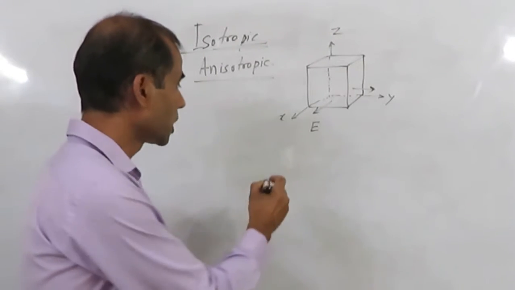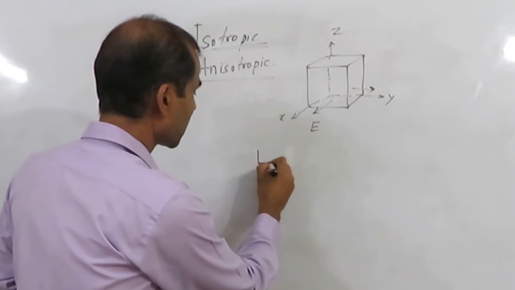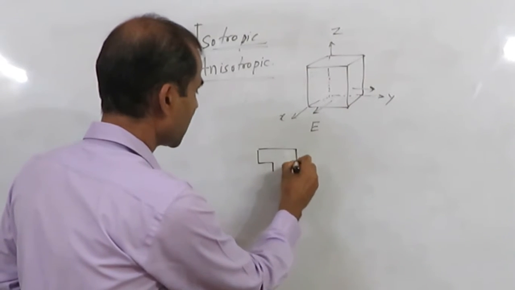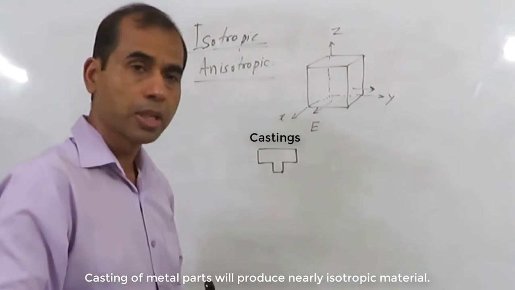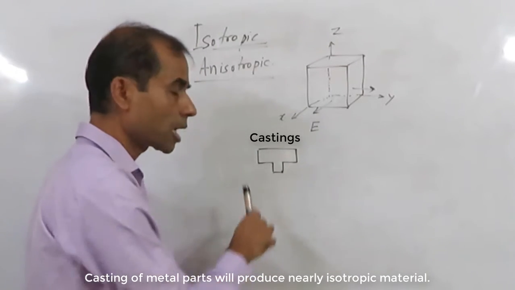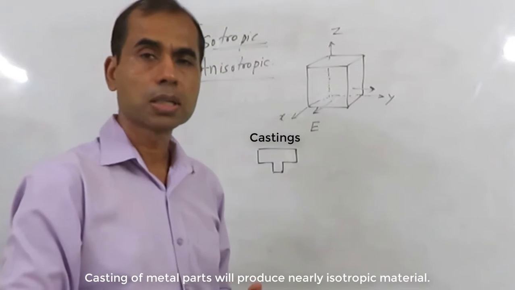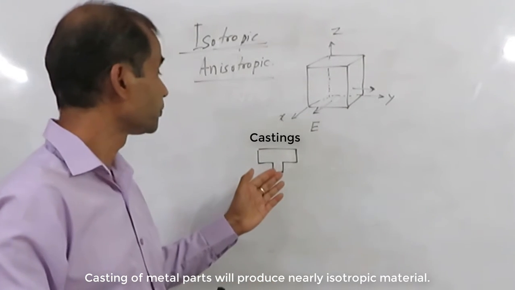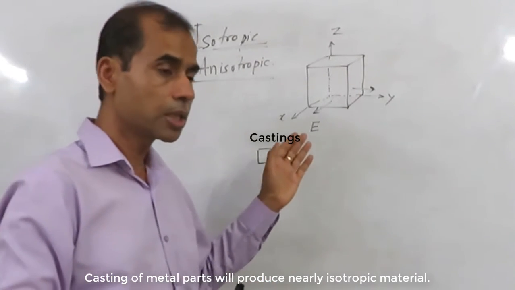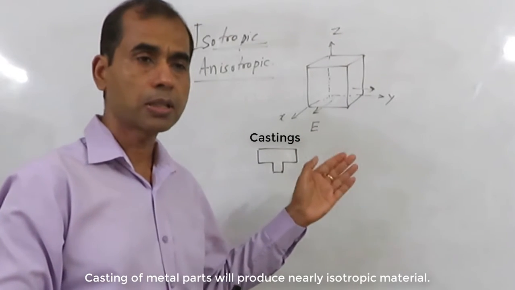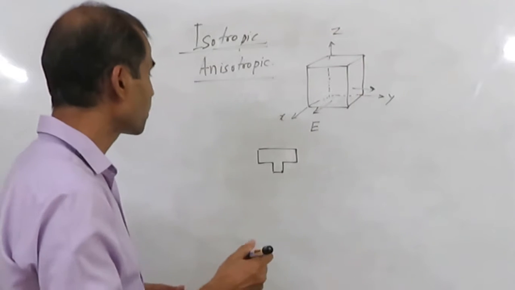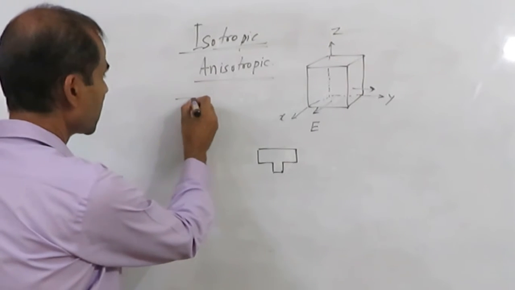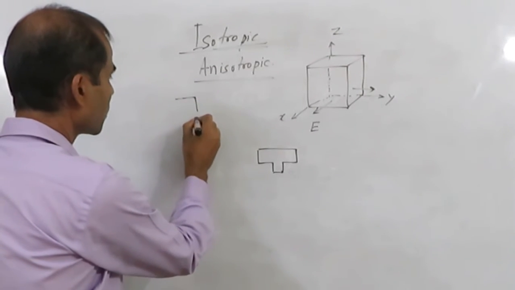So for example, if you cast an object, if you produce this by casting, then you might get mechanical properties which are all same in all directions. But in engineering, we produce things by many other kinds of manufacturing processes. For example, we produce wires by wire drawing.